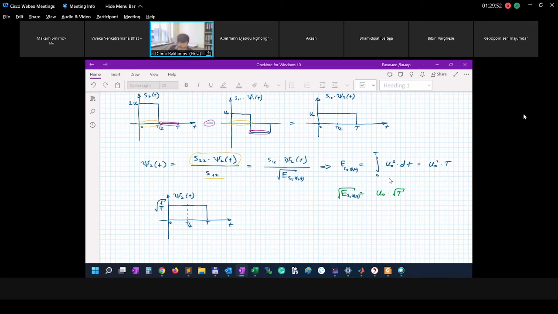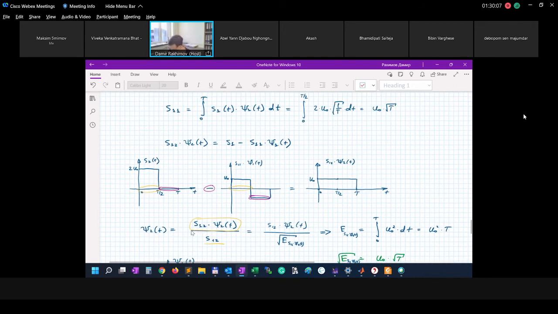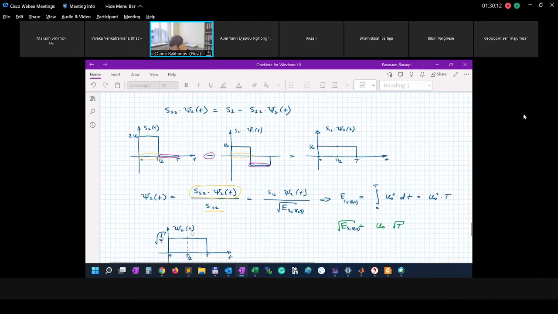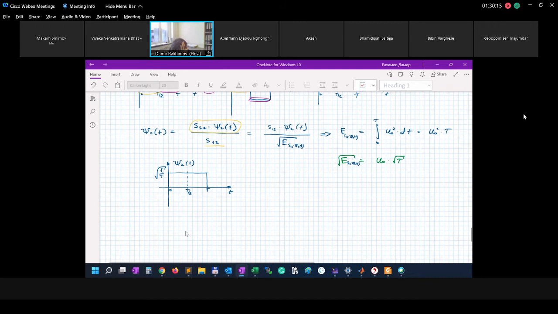Okay, fine, we can go further. Next we need to represent this signal S1 in vector form. S1 of t equals S11 times psi 1 of t plus S12 times psi 2 of t.